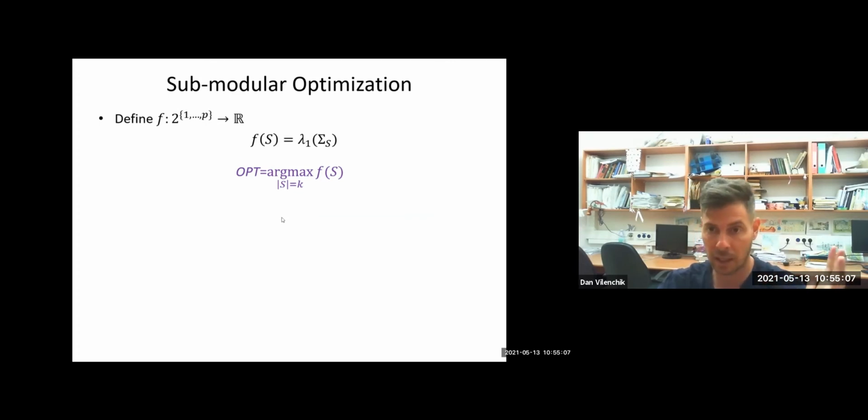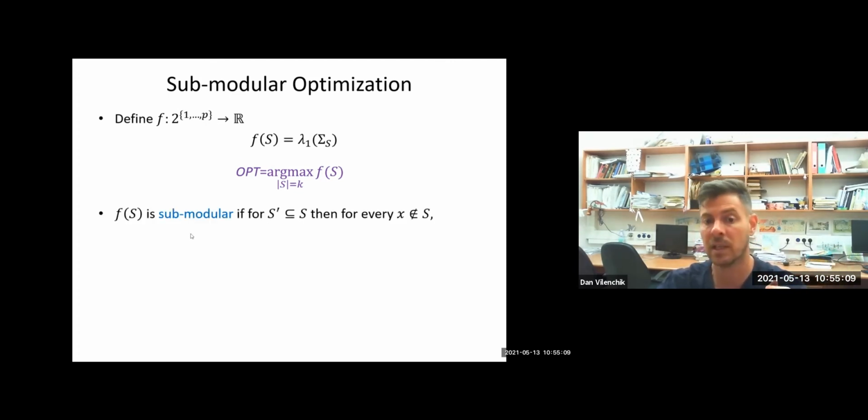And it turns out that this exact formulation was studied quite extensively, and especially for submodular functions. So just briefly, a function in our case is submodular if for every S prime subset of S, if you add a feature X to S, then you gain less if S is larger.